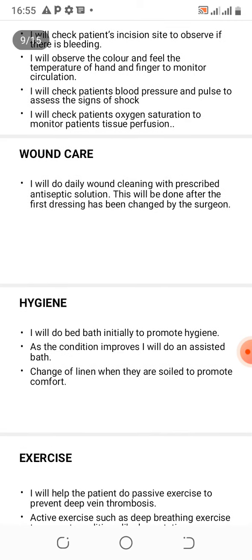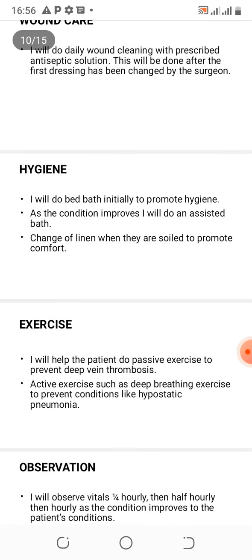On hygiene, I will do a bed bath initially to promote hygiene. As the condition improves, I will do an assisted bath. Then I will change linen whenever it is soiled in order to promote the patient's comfort. On exercise, I will help the patient do passive exercises to prevent deep vein thrombosis.